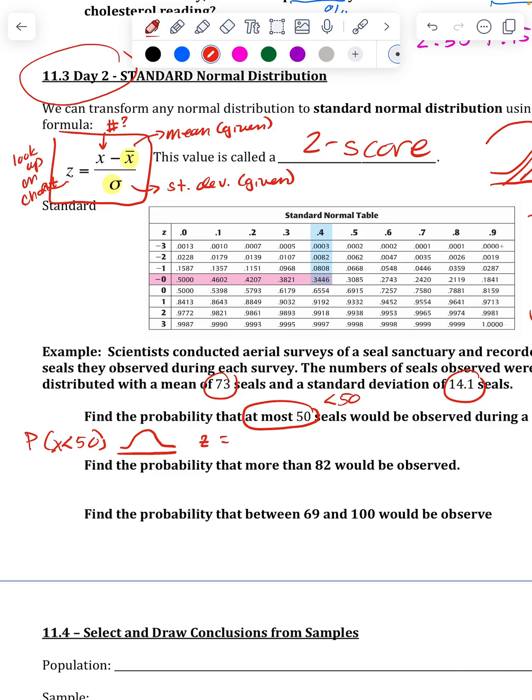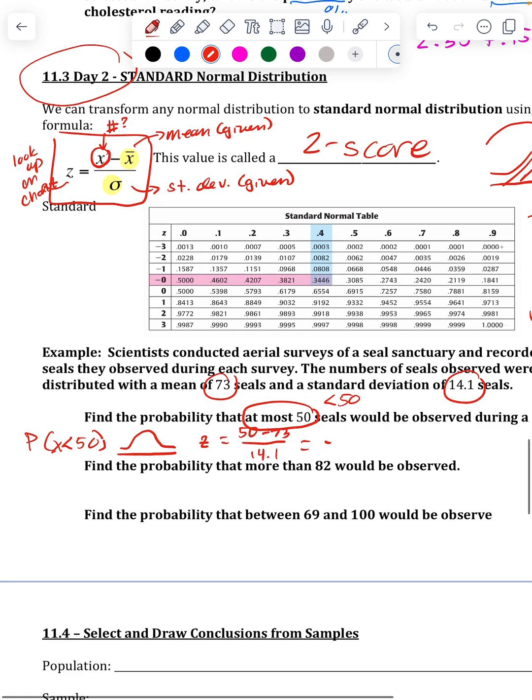So the number of seals they're asking about is 50. I'm just going through my formula up here, minus, and then they told me the mean was 73, and they told me that the standard deviation is 14.1. When I do that, I get -1.6. What that's telling me is I'm on the chart at -1.6 standard deviations.